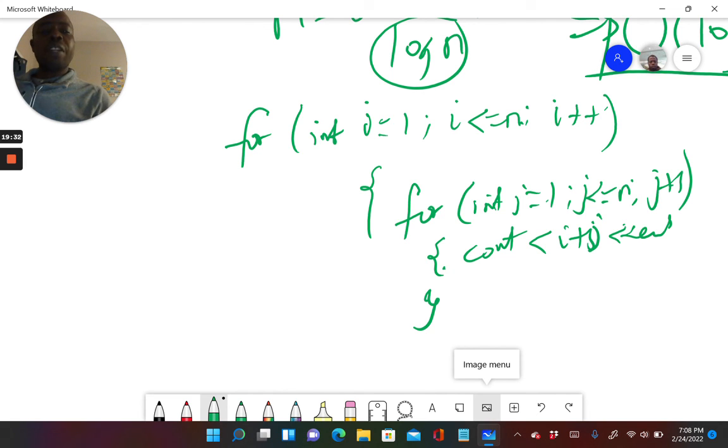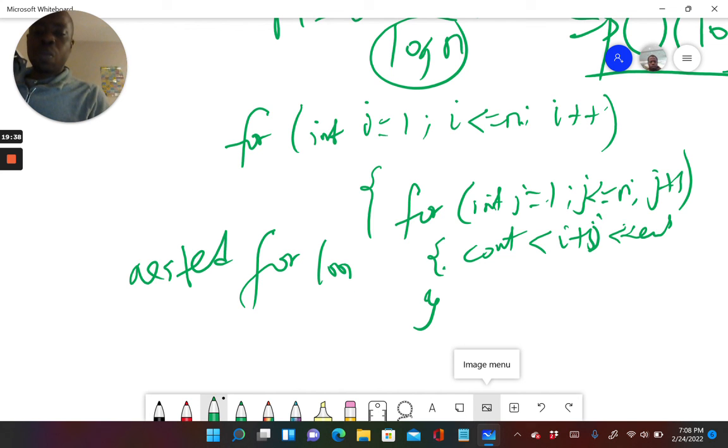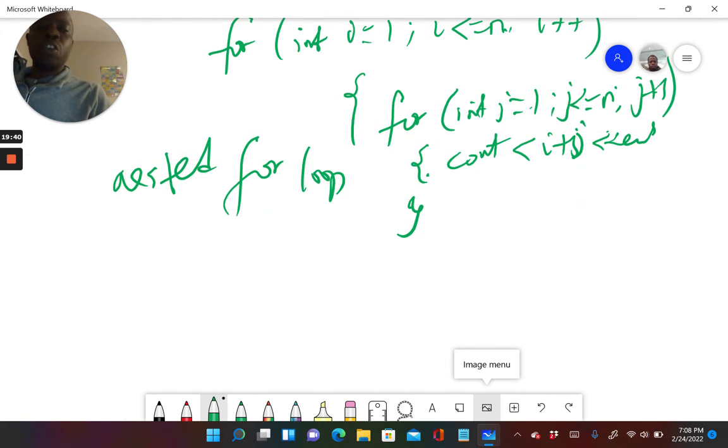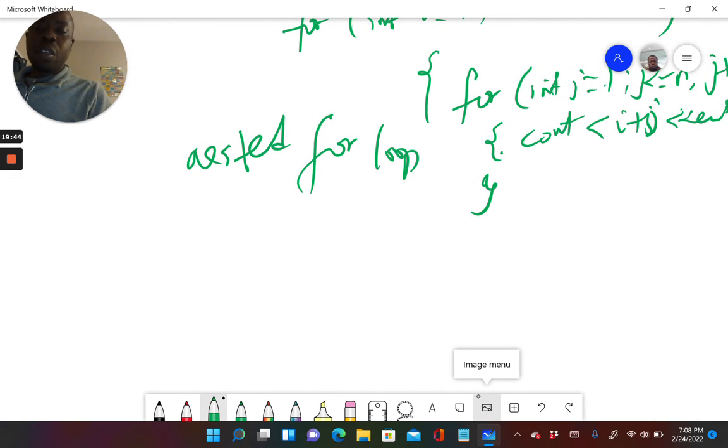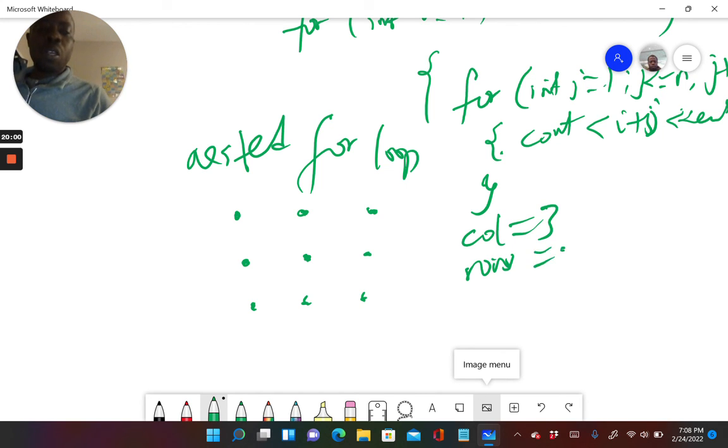Now, for this nested for loop, the number of operations is going to be, because you are moving through, if you have this array, the number of columns is 3 and the number of rows is 3.